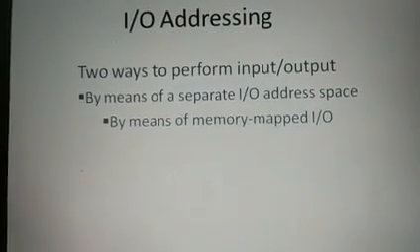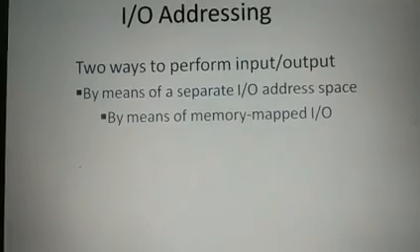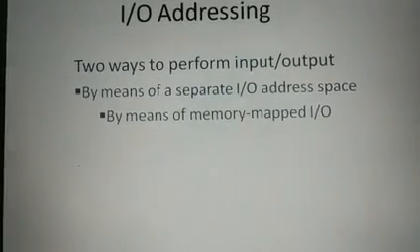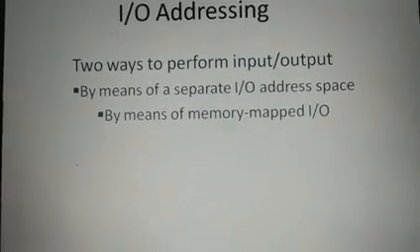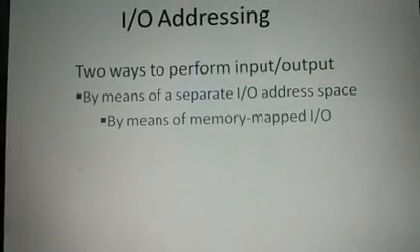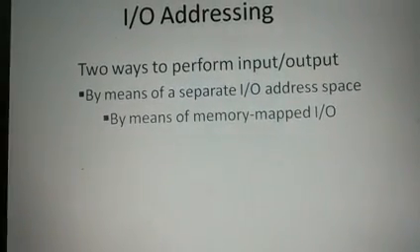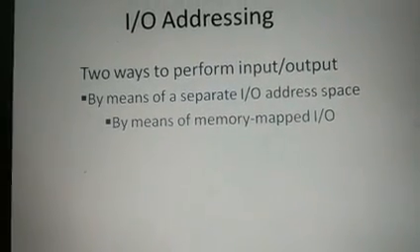So these are the two ways for addressing input output instruction. First one is the separate IO address space and second one is the memory mapped. In a separate IO address space you are assigning a different segment for the input output instructions, while in memory mapped you are not assigning a different address space, you are utilizing the same memory space.